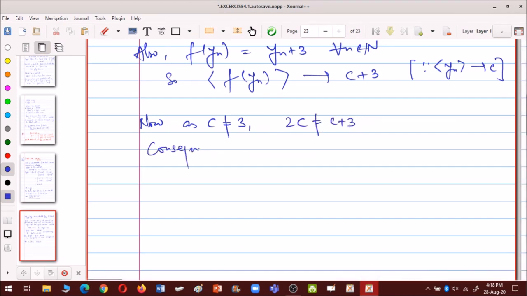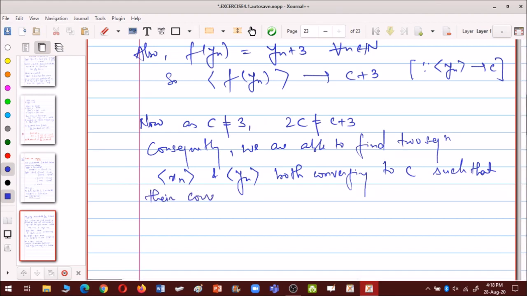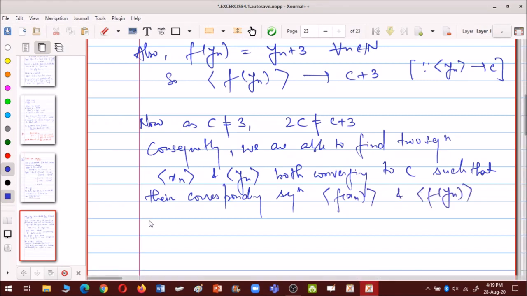Consequently, we are able to find two sequences xn and yn both converging to C such that their corresponding sequences f(xn) and f(yn) converge to different limits.